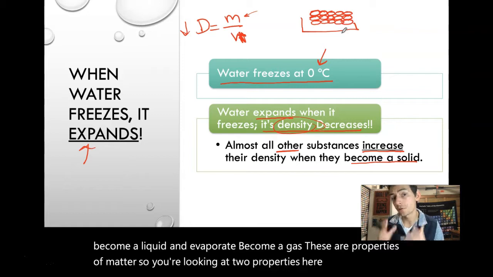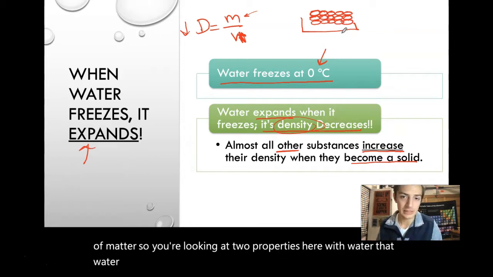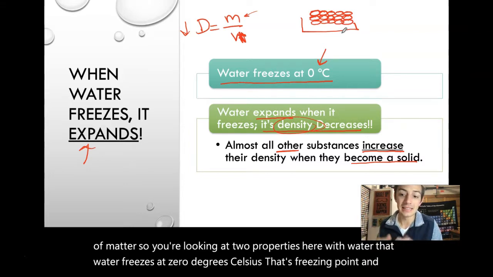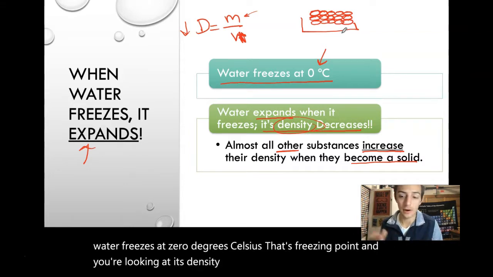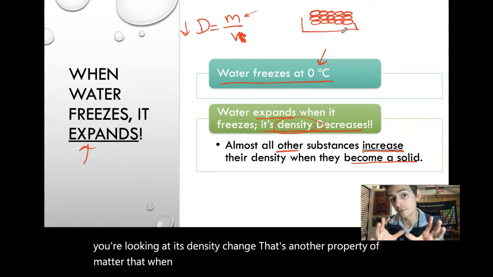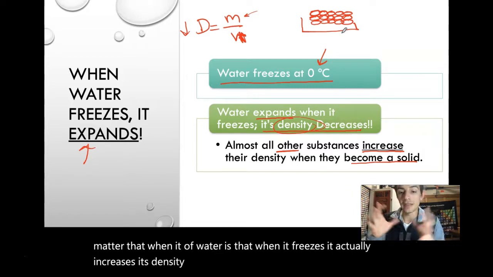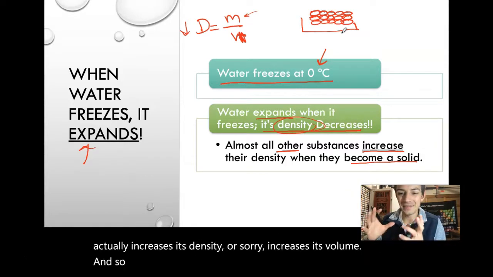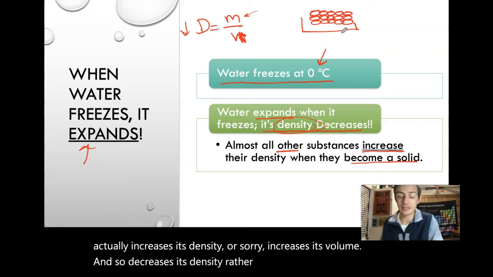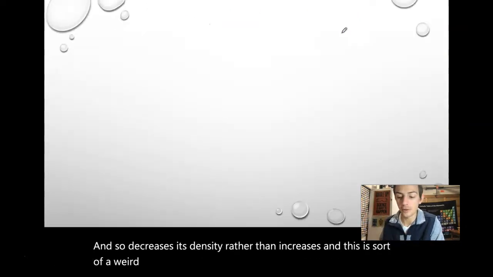That water freezes at 0 degrees Celsius. That's its freezing point. And you're looking at its density change. That's another property of matter, that of water, is that when it freezes, it actually increases its volume, and so decreases its density rather than increases. And this is sort of a weird quirk of water, a property, we might say.